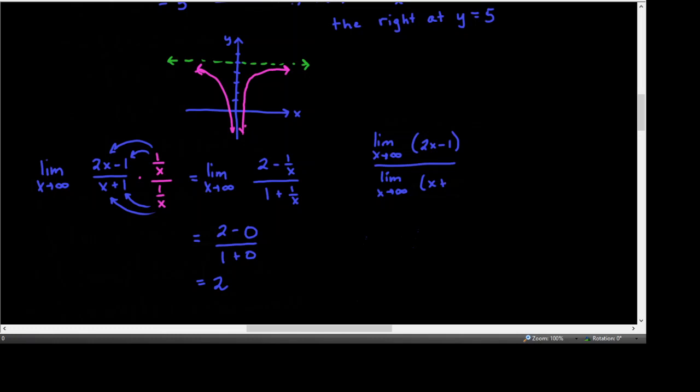And if you tried, and I'm going to put air quotes around this, substitution, because you can't really substitute infinity because it's a concept, not a number, but just pretend you've got a really big number. 2 times a really big number minus 1 is itself headed toward infinity. And x plus 1 is headed toward infinity. And so what you get is infinity over infinity, which is indeterminate. This is an indeterminate form.